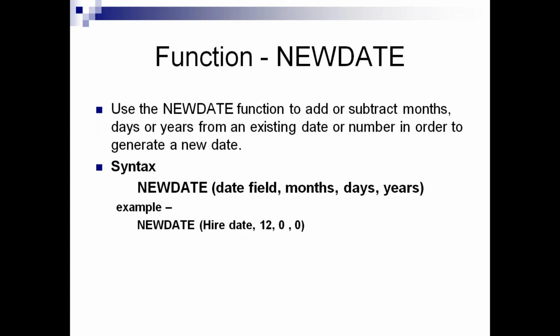So this could be invoice date, comma, 0, comma, 30, comma, 0, closing bracket. Again, we're taking an existing date and we're modifying it so that we can use that in some other function or report or formula as a new date to use.